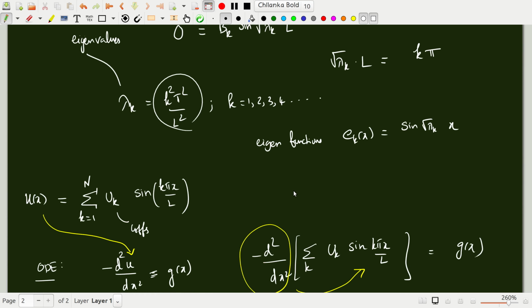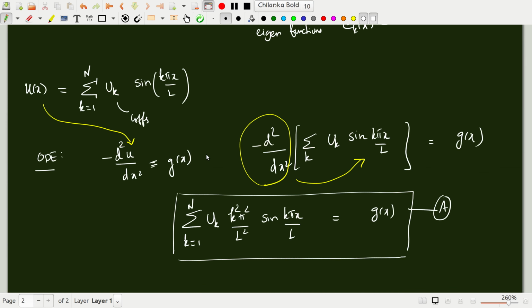So what is m squared pi squared by L squared? If you look at the eigenvalue, k squared pi squared by L squared is the eigenvalue, right?